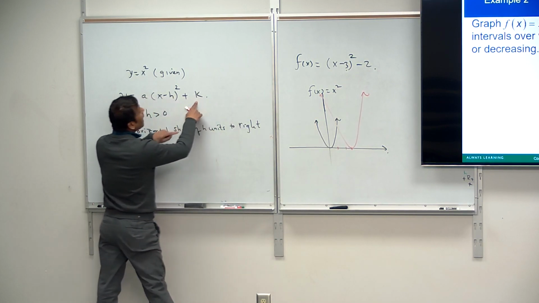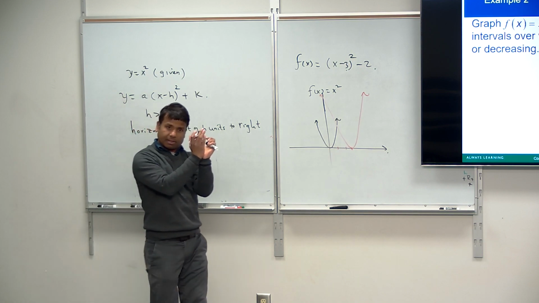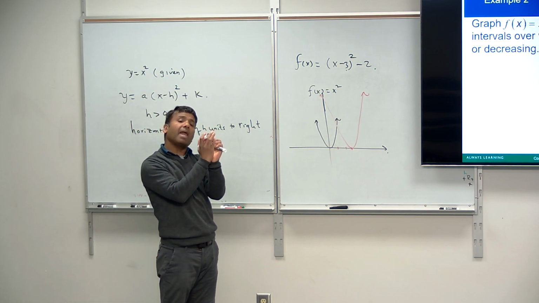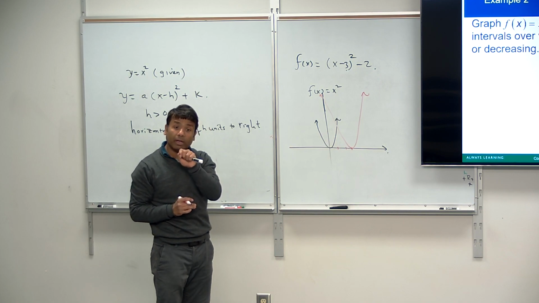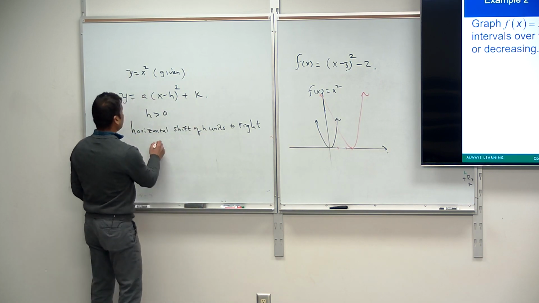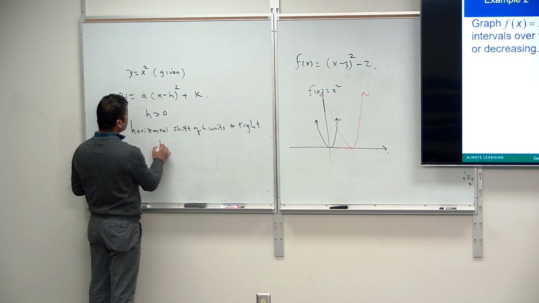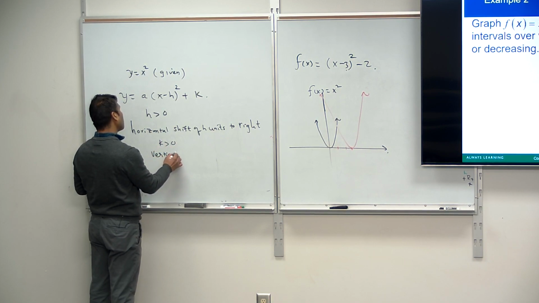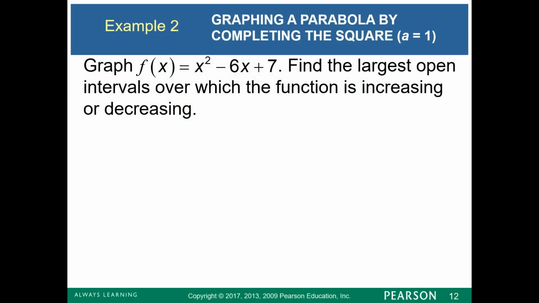If k is positive, you shift k units up, right? If k is negative, you shift k units down. You know that, right? If k is positive, vertical shift of k units up.